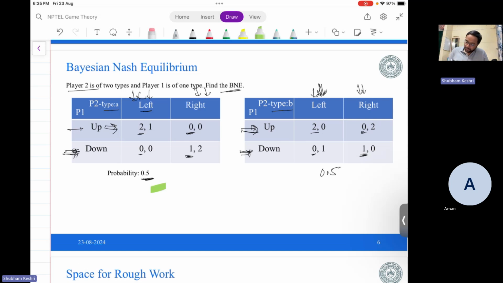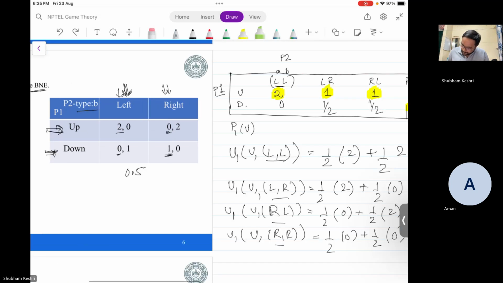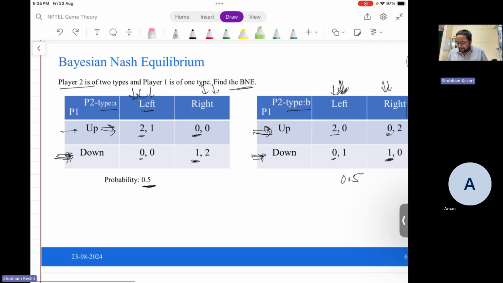All right. Now, if this is the table, you see when player 1 is playing up, the best response of player 2 is to play left. When player 1 is playing down, the best response of player 2 is to play right. Is this all right?